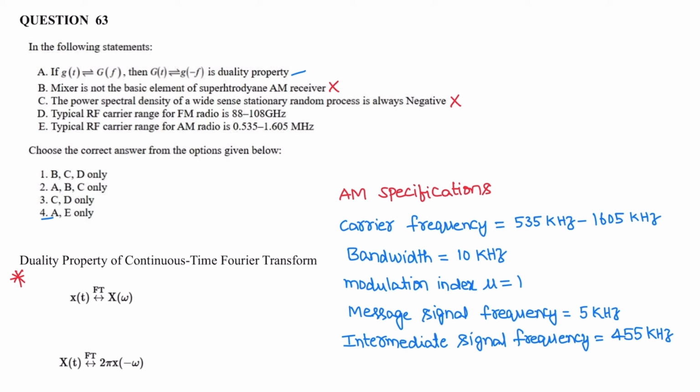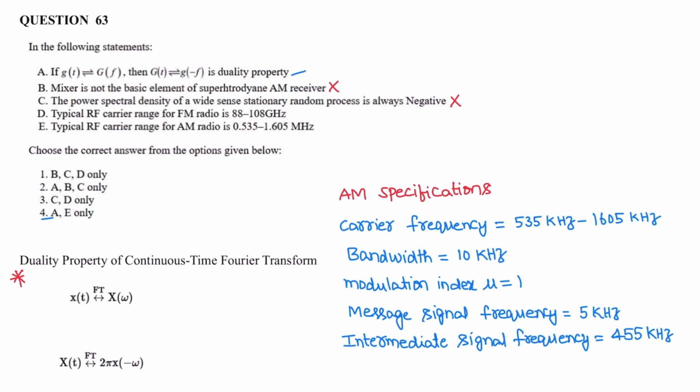Similarly, AM specifications are carrier frequencies from 535 kHz to 1605 kHz, or 0.535 MHz to 1.605 MHz, bandwidth 10 kHz, modulation index less than or equal to 1, message signal frequency 5 kHz, intermediate frequency 455 kHz.